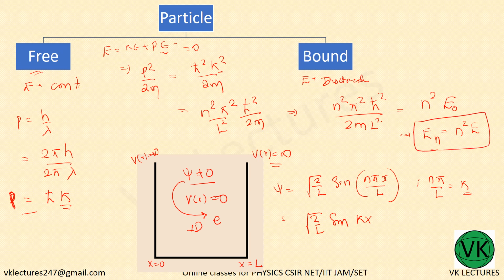For n equal to 1, E1 is equal to E naught. For n equal to 2, E2 is equal to 4 E naught. For n equal to 3, 9 E naught. So now this becomes a discrete energy.